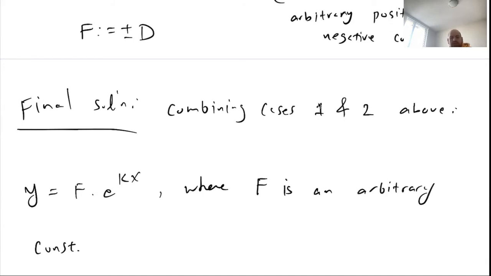In case 1, f was 0 because the solution was 0. In case 2, f was either a positive constant or a negative constant. So overall, f is either 0 or a positive constant or a negative constant, which means an arbitrary constant. Because any arbitrary constant is of course either 0 or positive or negative.